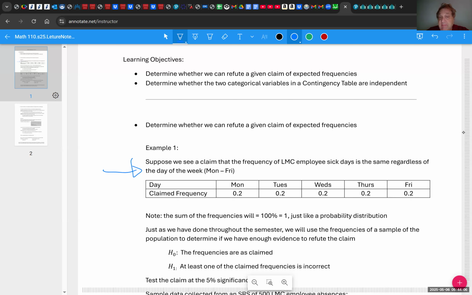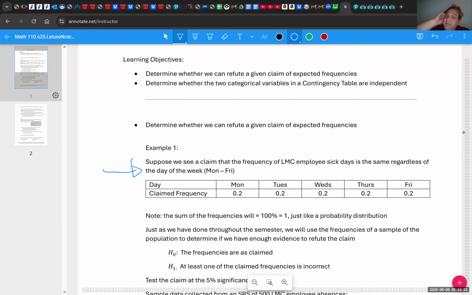So our claimed frequency, our expected frequency, is 20% for each day across the board. Notice that those five add up to 100%, just like any kind of probability distribution. The sum of all the frequencies has to add to 100%.